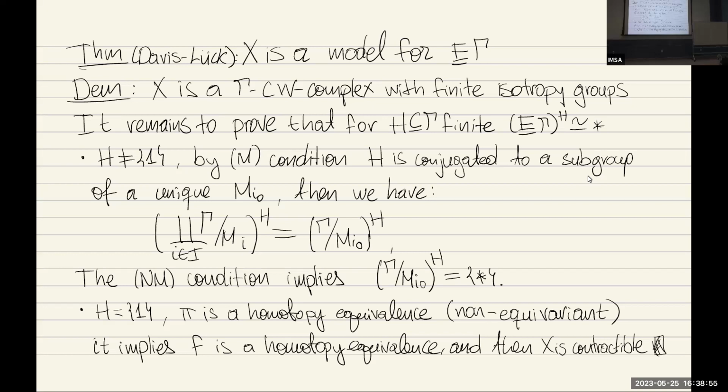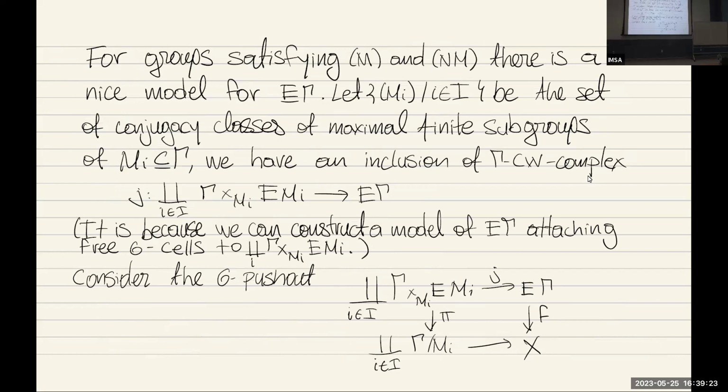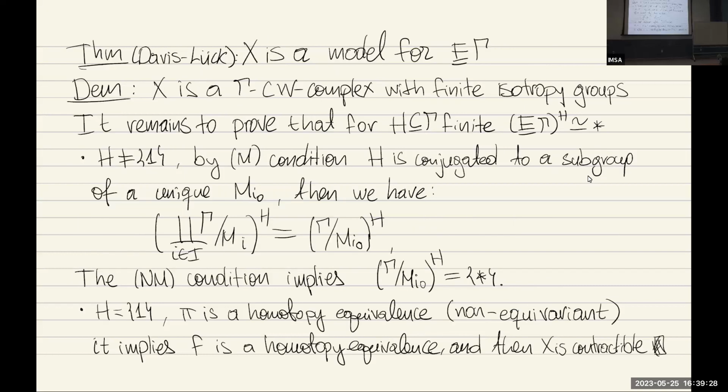Then we have that the H fixed point set of this union is just the fixed point set of only one orbit. And moreover, the NM condition implies that the fixed point set of this orbit is just a point. Okay. If H is the trivial group, the map pi is a homotopy equivalence because this space is contractible, EMI.